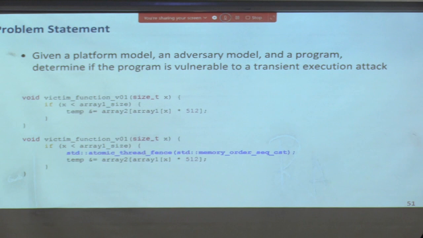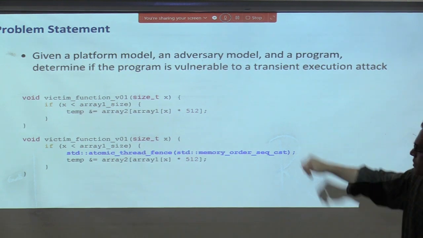Okay, I'll just skip over the example quickly, but the problem that we were looking at is the following. We are given a platform model, which could be something like the TAP model if you're talking about a trusted execution environment, or it could be just a standard processor description. You're given an adversary model, which is the tamper and observe functions, and a program.